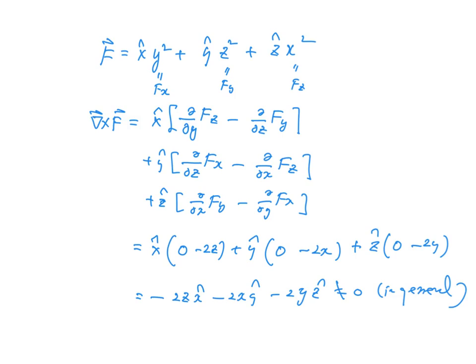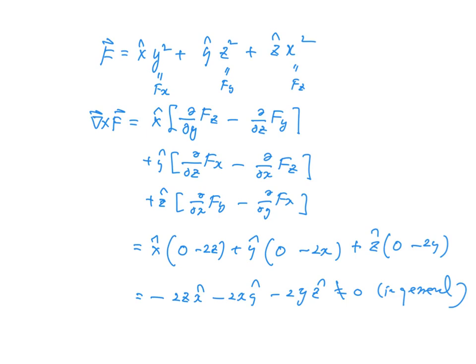So you can ask me a question: why does the previous example give 0 and the second example not? You can take a careful look.